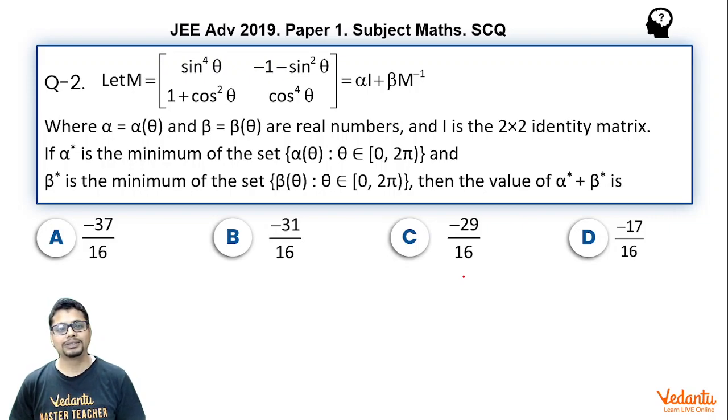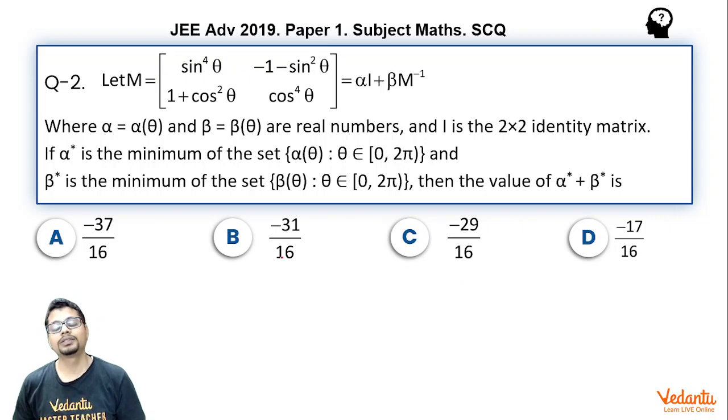If alpha star is the minimum of the set alpha of theta, where theta varies from 0 closed to 2 pi open, and beta star is the minimum of the set beta of theta, again theta varying from 0 closed to 2 pi open, then the value of alpha star plus beta star is. There are four options and it is a single correct type question.